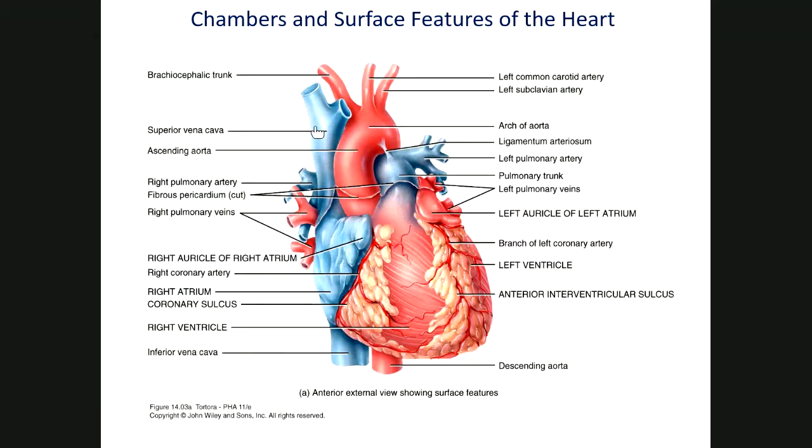So let's look at the chambers of the heart. This is an anterior view of the heart. There are 4 chambers. There's the right atrium, which is located right here, and the right ventricle here.